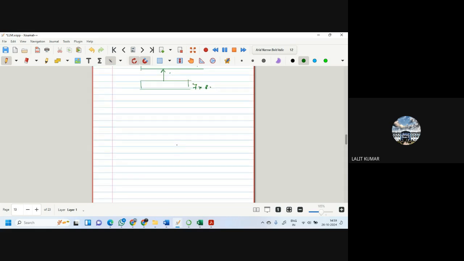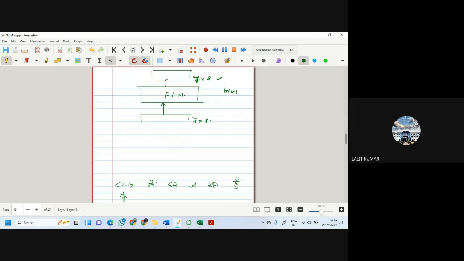Now this 7 into 8 is: this is go, this is मैं, this is घर, जा रहा हूं. So when I pass go, I will get 1 into 8 for this.